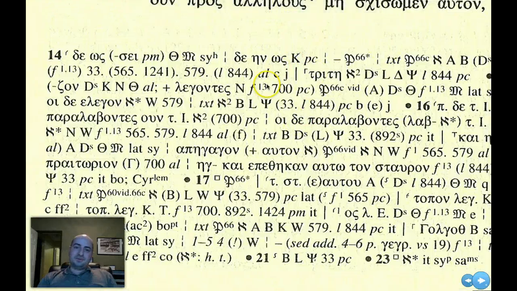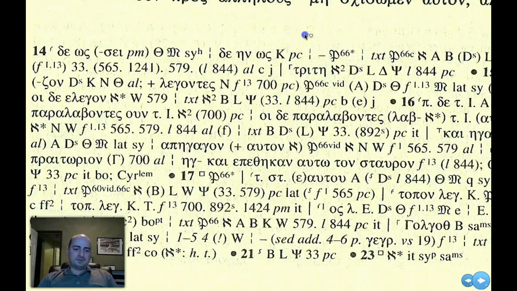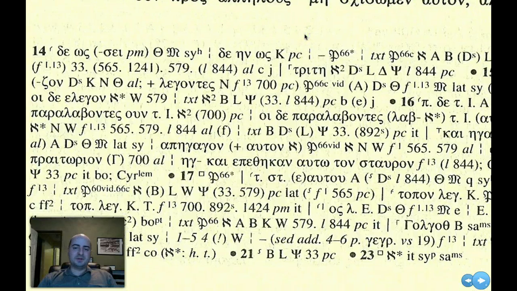Now, there are 35,000 manuscripts and fragments of the Greek New Testament. And you usually look at one manuscript, which is the text of the NIV.